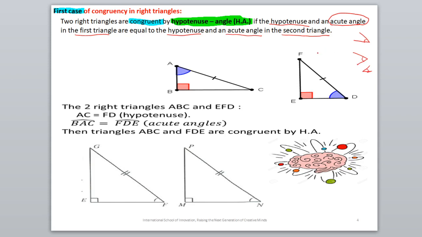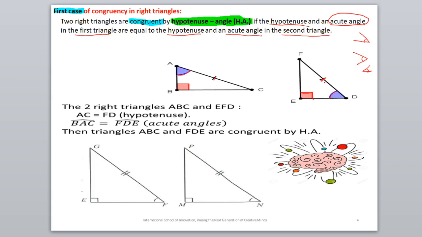Anyway, in any right triangle, we will have a right angle and two acute angles. So he is saying here that this triangle and this triangle are congruent if the hypotenuses are equal in the two triangles, and an acute angle is equal to another acute angle in the second triangle.